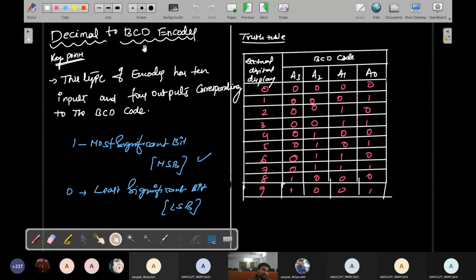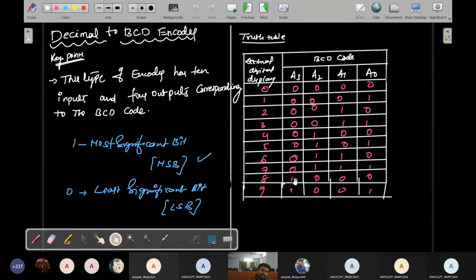But for the operation of decimal to BCD encoder, here I always consider only the most significant bit. In this truth table, the 1 always represents the most significant bit. So for every output, A3 or A2 or A1, A0, whatever it may be, I consider 1 as the most significant bit of this BCD digit.